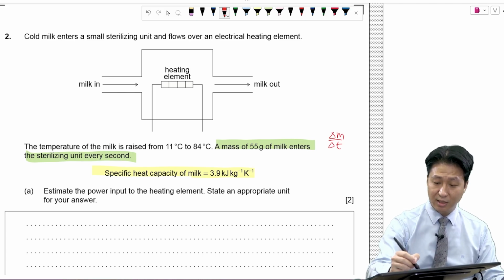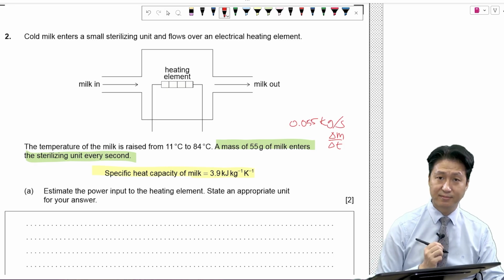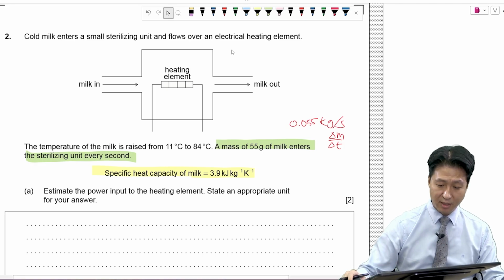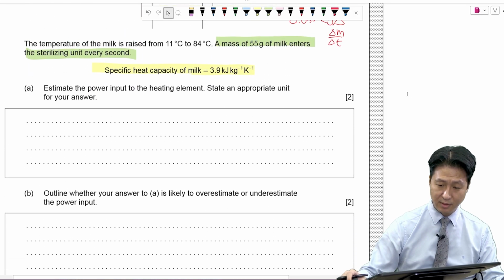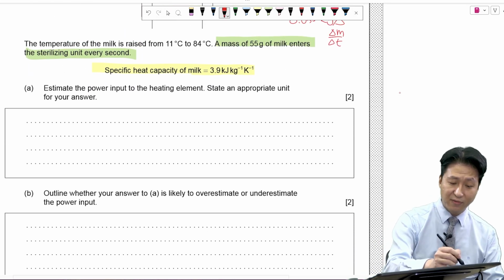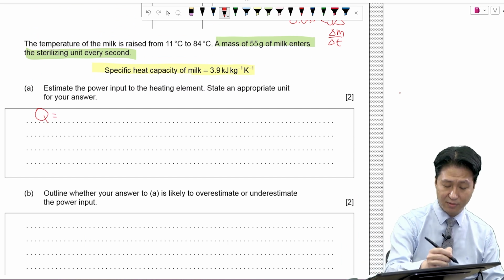In this case, the units are going to be 0.055 kilograms per second. Now, if you want to know the amount of heat required to heat a specific amount of mass, the amount of thermal energy necessary is equal to the mass times the specific heat capacity times the change in the temperature.